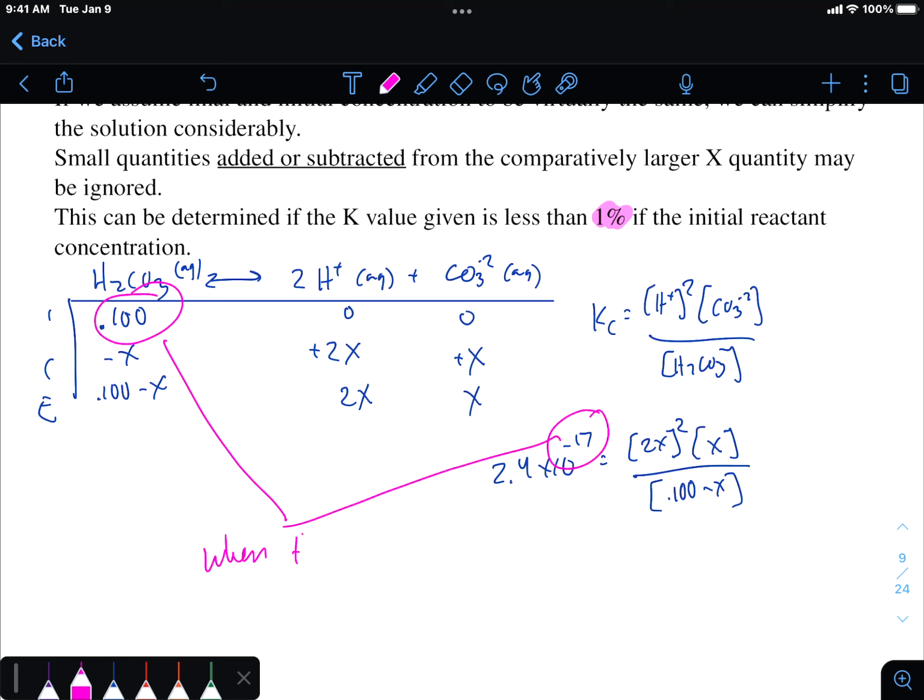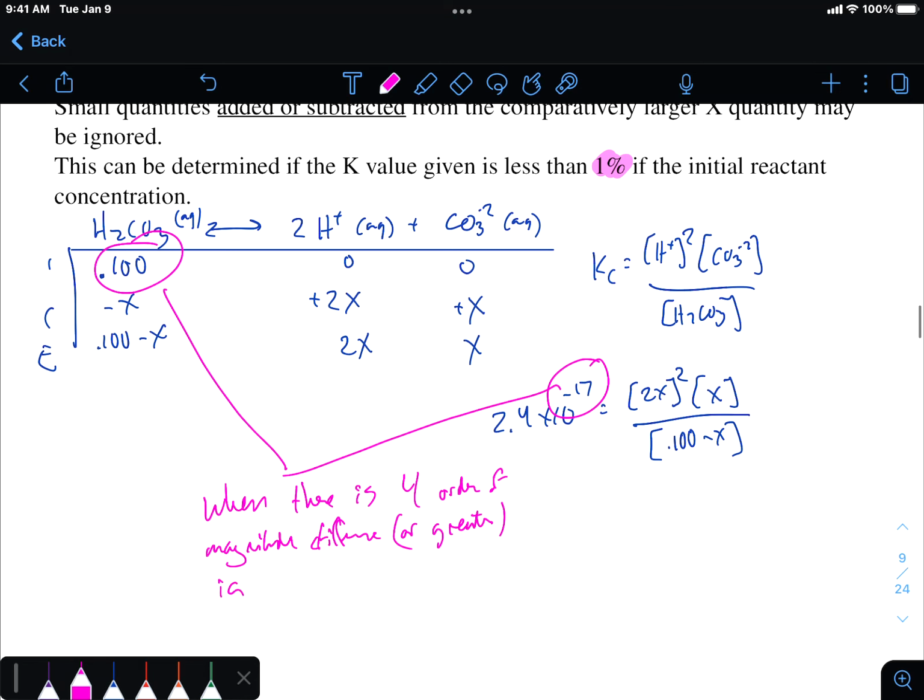When there is a 4 order of magnitude difference or greater, what you are going to do is ignore subtraction or addition of x to initial quantities.